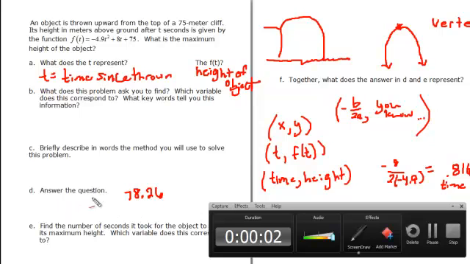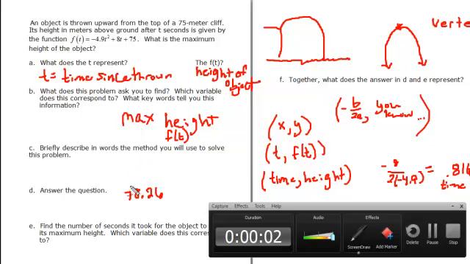78.26. So answering the question, we were asked to find the maximum height. And which variable does this correspond to? That corresponds to f of t. And what keywords? Well, what is the maximum height? Briefly describe in words the method. We're going to find the vertex.